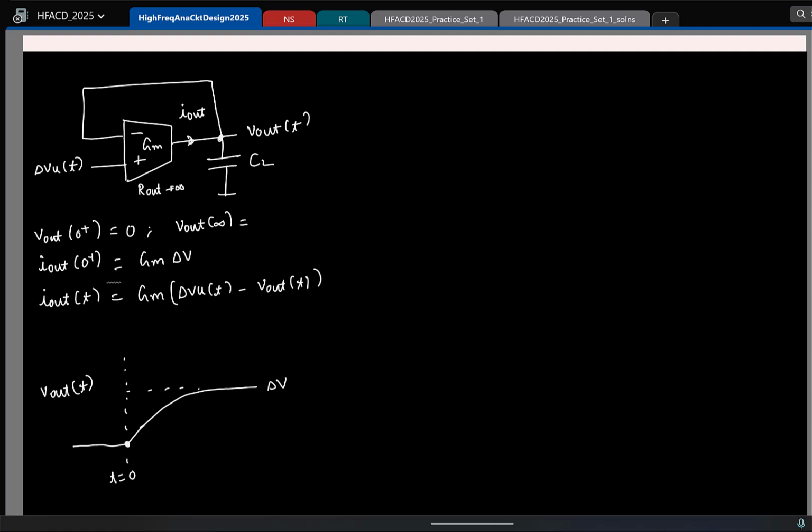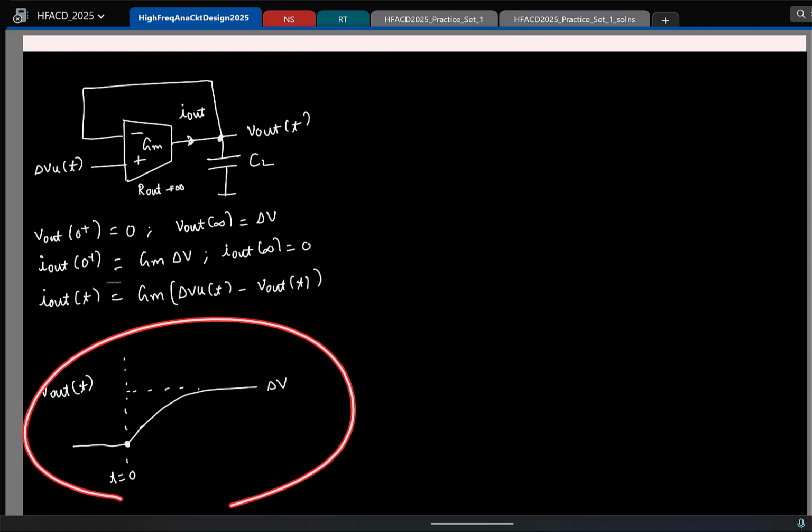Delta V. And what can you say about I out in steady state? 0. Right? That's the only state in which this can lock, because if I out was still non-zero, the voltage will keep increasing. So this is the final steady state. Great. So as you know, this is a first order settling behavior.